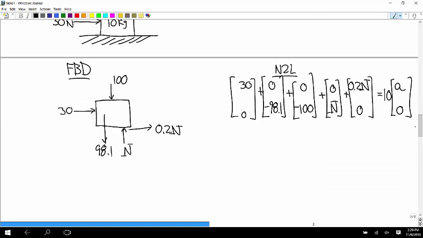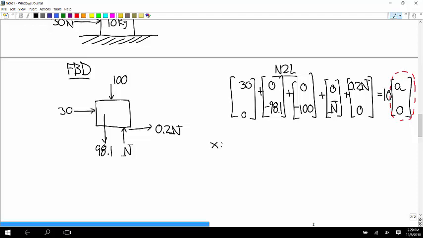And so just like we did last time, I'm first going to use the y equation to calculate n. And then I'm going to plug my value for n into the x equation to calculate the acceleration. And our goal is to come up with this vector, which requires figuring out that variable a.